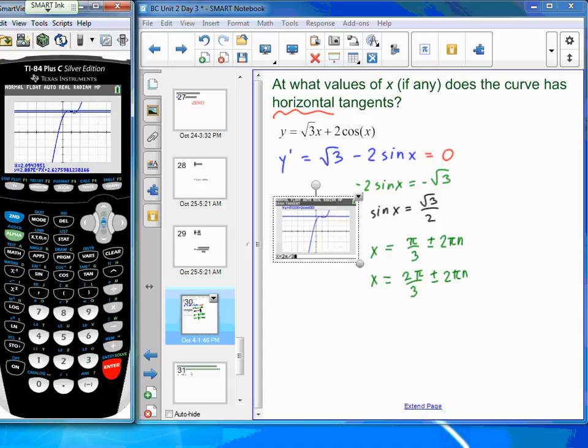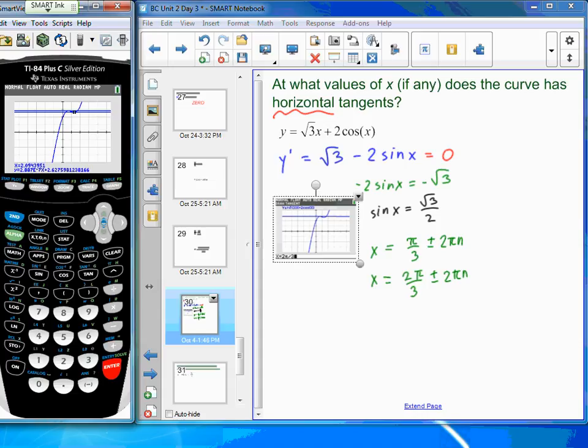Are there more? So when we solve this, we wanted to know when sine of x was equal to root 3 over 2, and yet my generalized solution plus 2 pi n in both directions would be an infinite number of values. As I look at this picture, I'm only seeing 2 places.